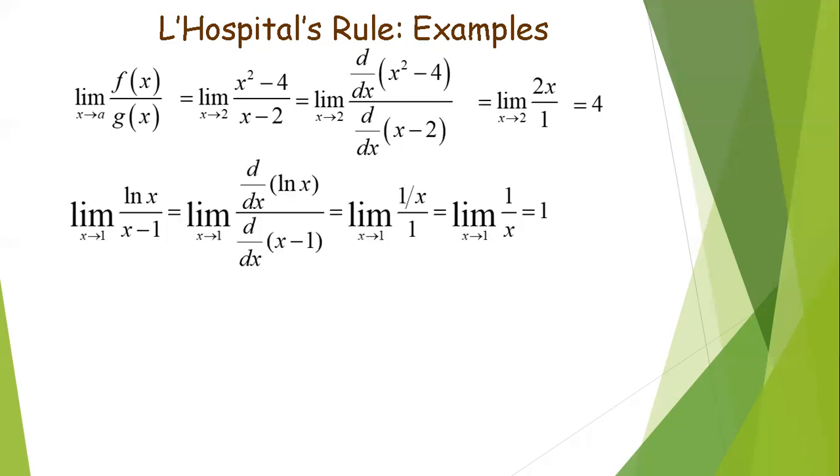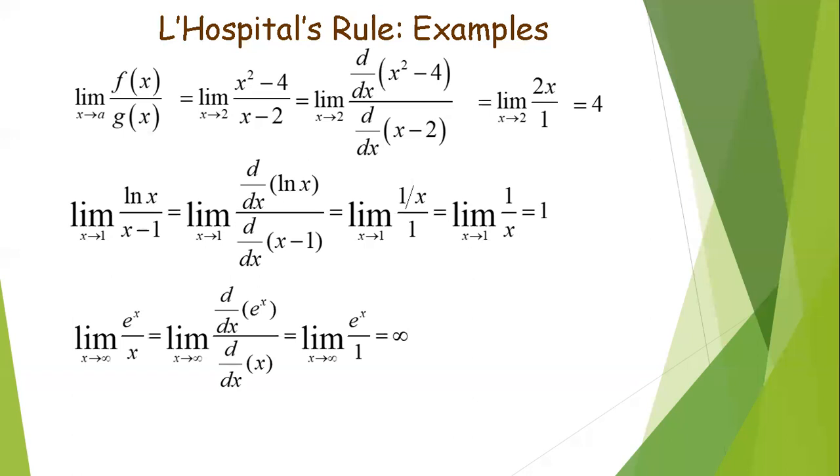Another example, the limit as x approaches 1 of ln x over x minus 1. We get the limit as x approaches 1 of the derivative of ln x over the derivative of x minus 1. The derivative of ln x is 1 over x, so we get the limit as x approaches 1 of (1 over x) over 1, or the limit as x approaches 1 of 1 over x, which is 1.